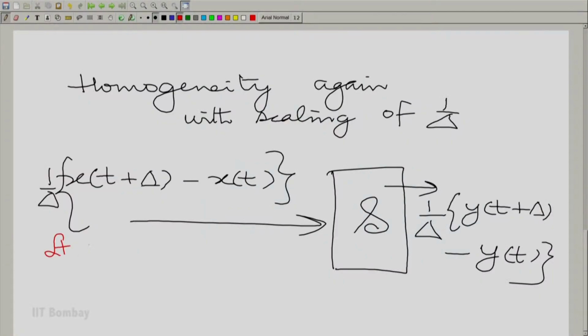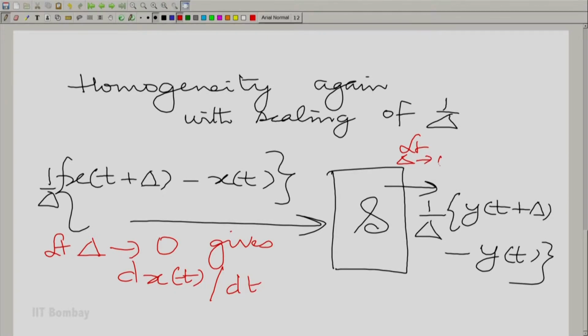That means I have a limit on both sides. So, make delta smaller and smaller. And then the conclusion is very easy. In fact, the limit as delta tends to 0 gives dx(t)/dt here, and the limit as delta tends to 0 gives dy(t)/dt here.